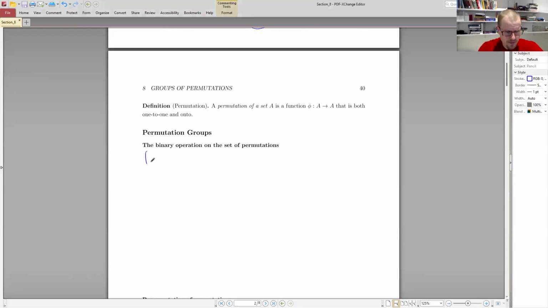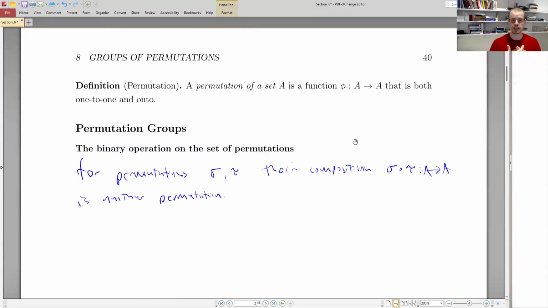For permutations, let's go with sigma and tau, their composition, let's go with sigma composed with tau, is another permutation. The composition goes from A to A. So function composition gives us another permutation.